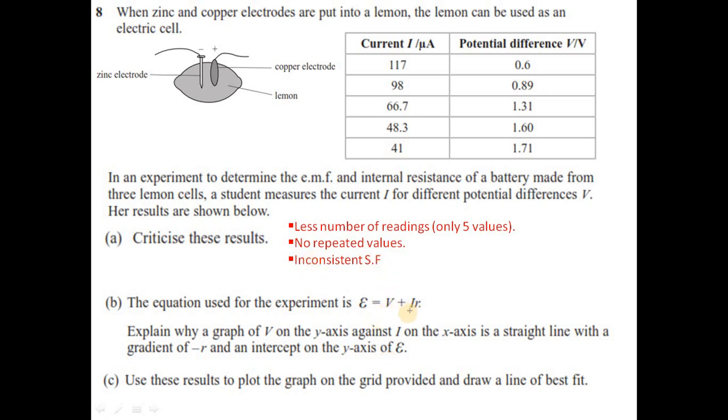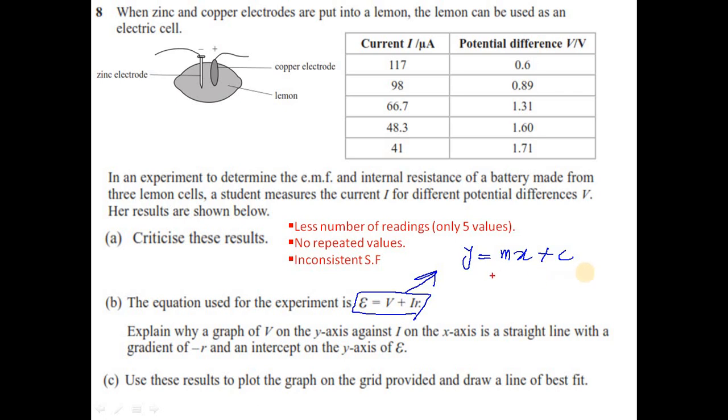We can rewrite this equation in the form y = mx + c, because this is an equation of a straight line in which the coefficient of x is the gradient and the constant term is the y-intercept.